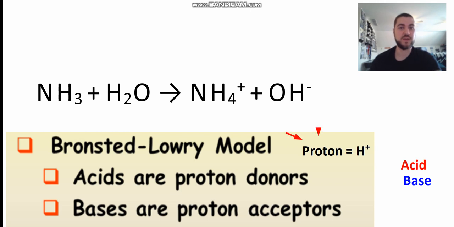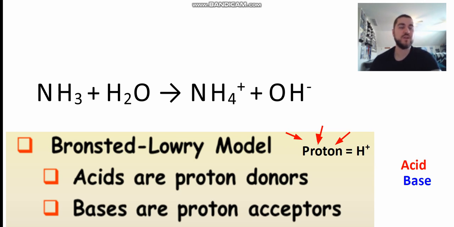So if you think about it, a hydrogen atom is simply one proton and one electron. That's all that's inside it. If you remove the electron from a hydrogen atom, you just have a proton floating around. So H+, the hydrogen ion, and the proton are the same thing.